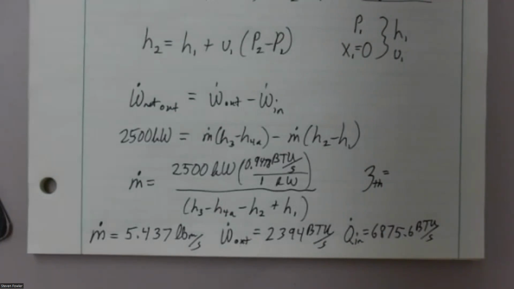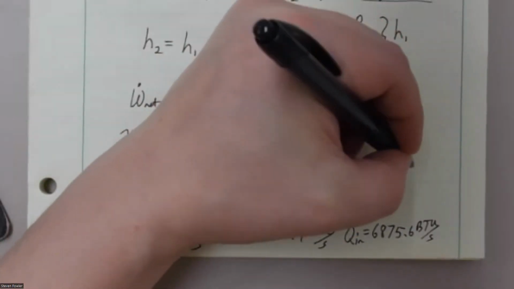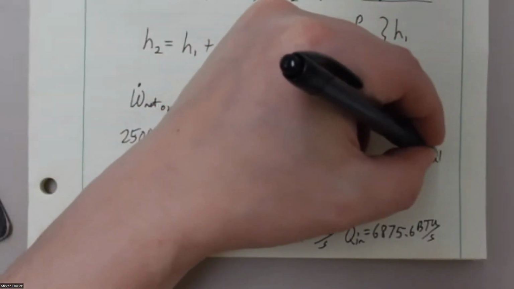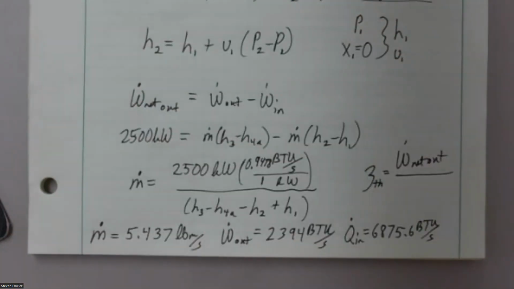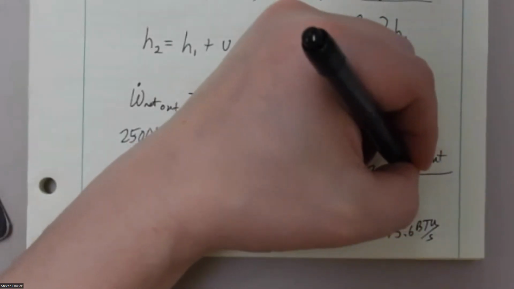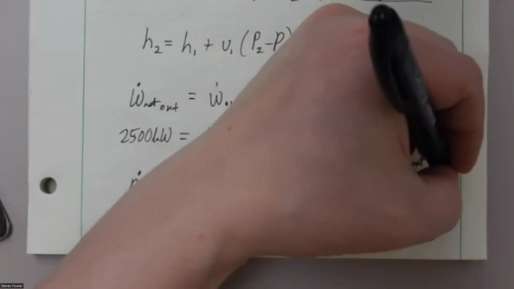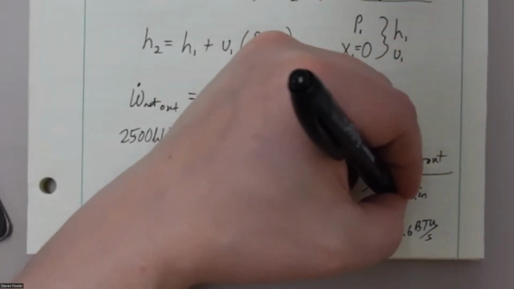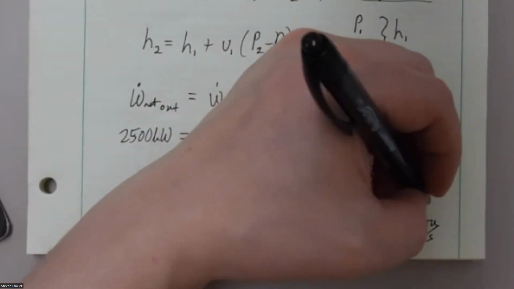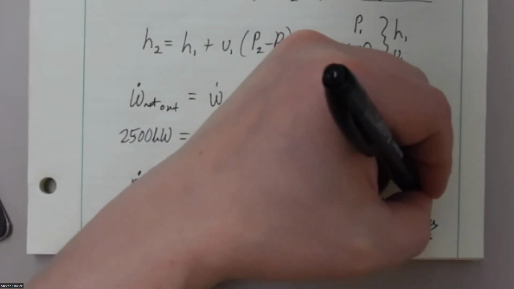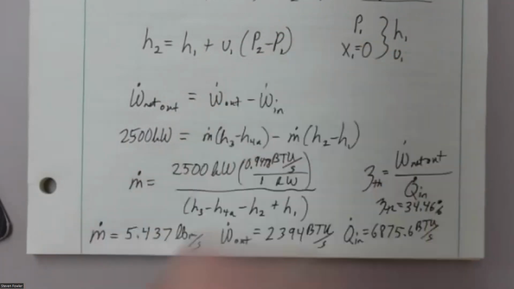Net power output. That's what you want. Net power out, which is given. What do you have to do to get it? Heat. Q in, which we've now found. So based on these numbers, they're saying it's about 34.46% efficient.